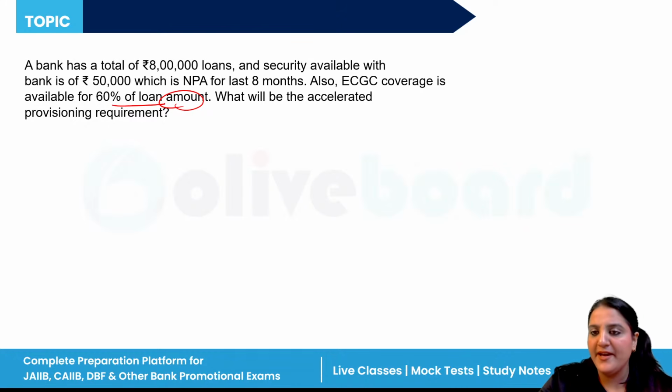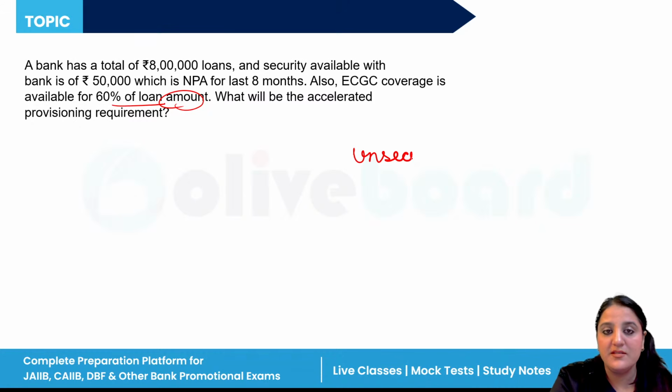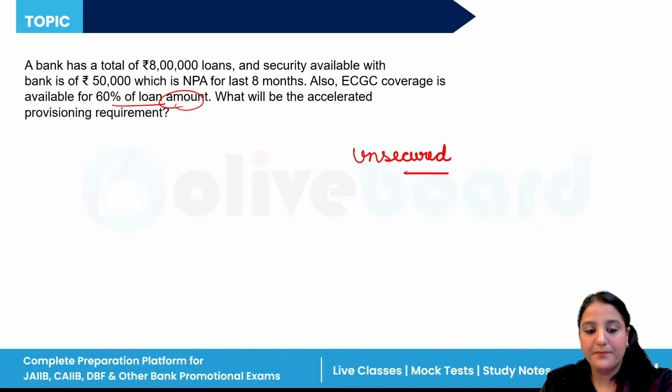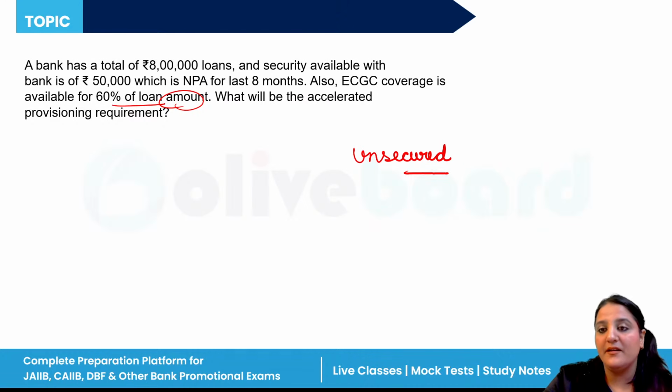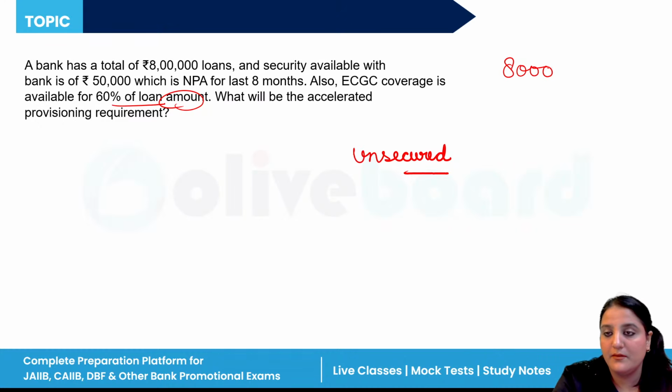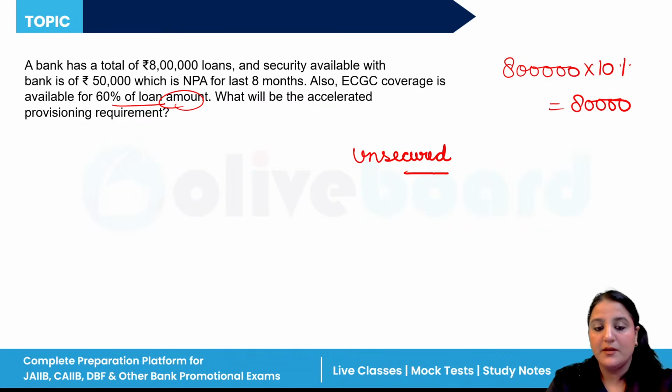Here available security is only up to 10% of the loan, that is an unsecured loan. 10% of 8 lakh is 80,000.